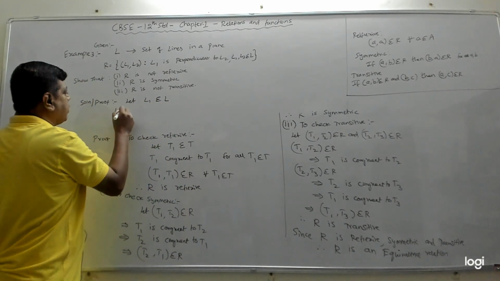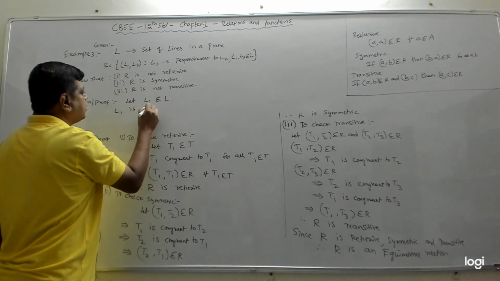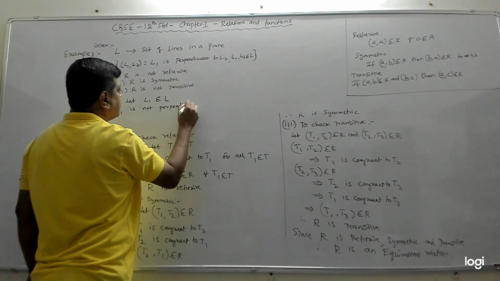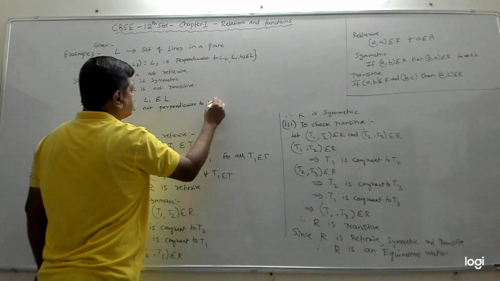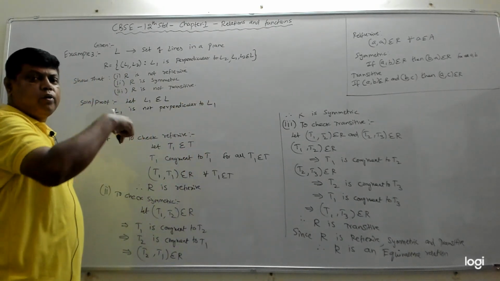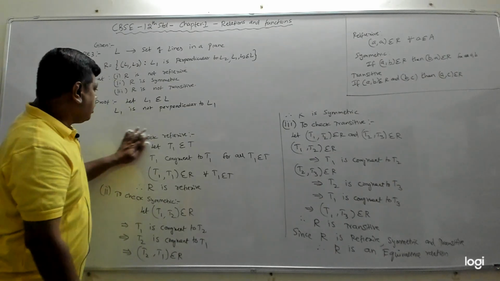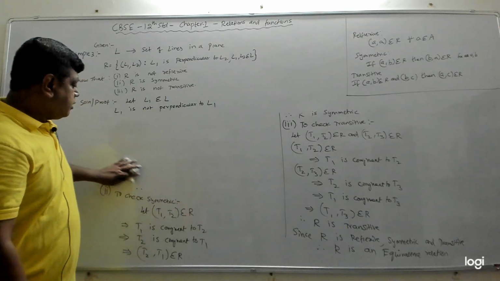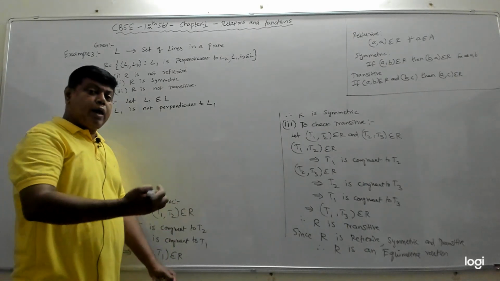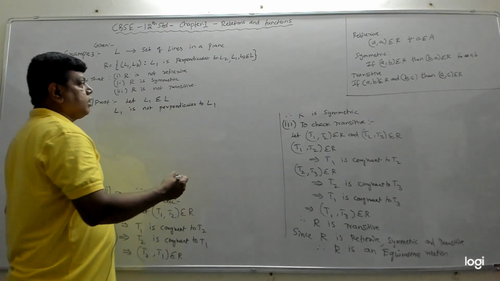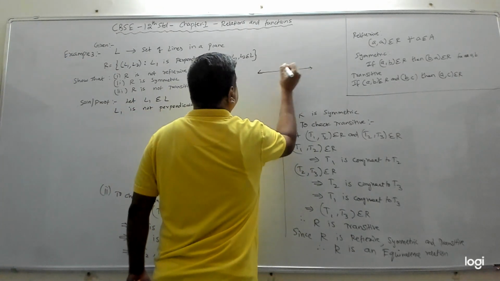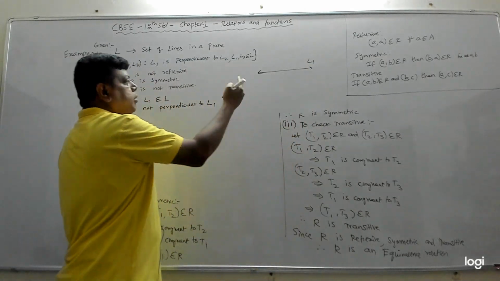Then L1 is not perpendicular to L1, because a line cannot be perpendicular to itself. A line is parallel to itself; in geometry, we can say a line is parallel to itself. Suppose this is your line L1, I cannot say L1 is perpendicular to the same line L1.